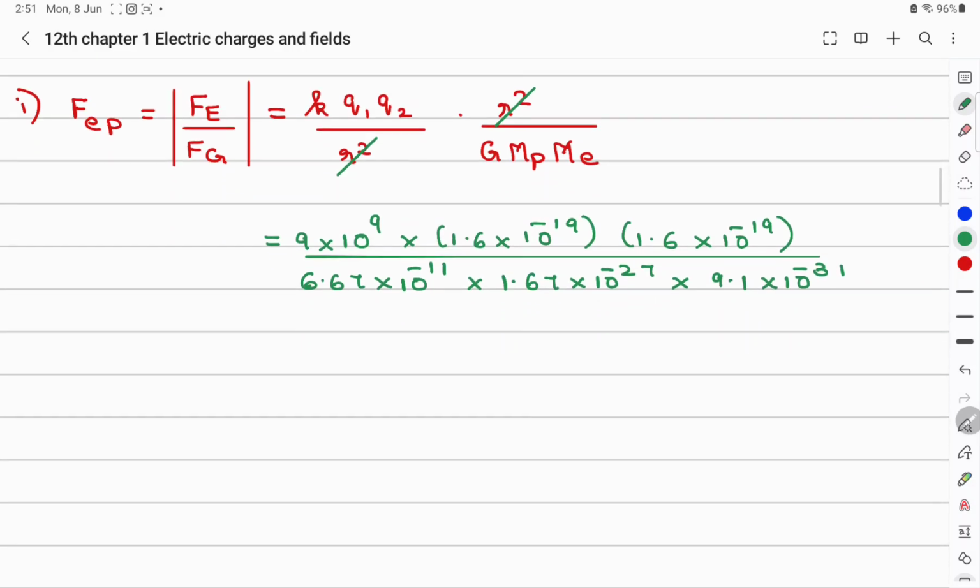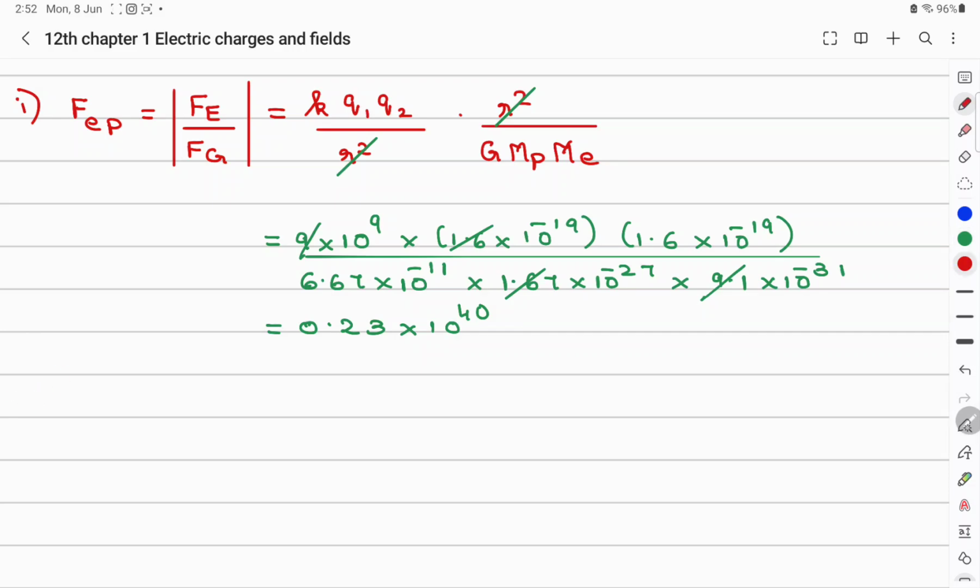So if you substitute these values, we will get around 0.23 into 10 to the power of 40.